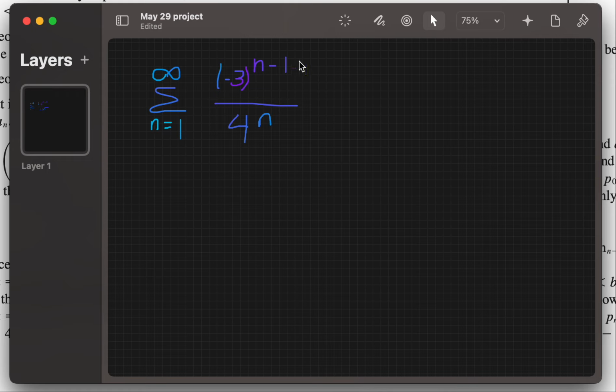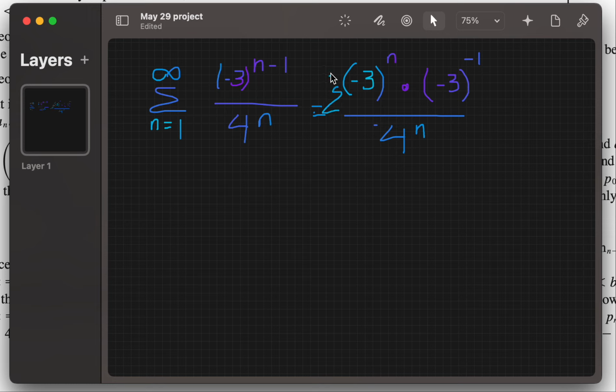So the first thing you would have to do, I suppose, is simplify the numerator, because this is pretty ugly. We don't want that. So we could simplify this as negative 3 to the power of n times negative 3 to the power of negative 1, all over 4 to the power of n.